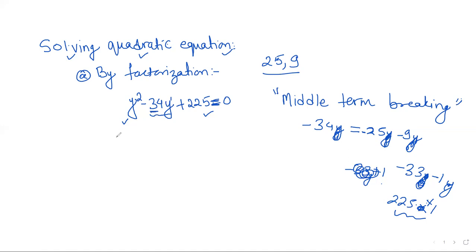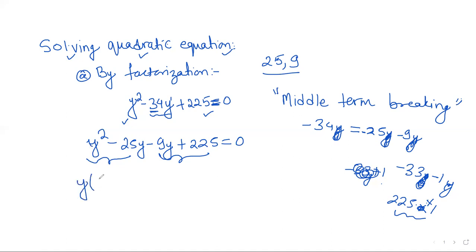So when we do the midterm breaking, we have to be very careful about which two factors we break the middle term into. In this case, our breakage is y square minus 25y minus 9y plus 225 equals 0. Once we do this, we pair the first two terms and the last two terms, and find a common factor in each pair. For y square minus 25y, y is common.